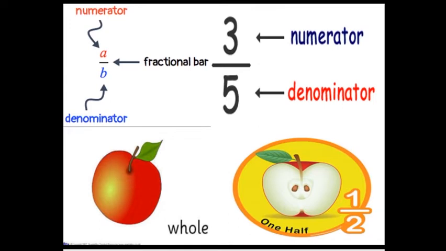Now I am saying fraction is a part of a whole. Whole means what? Let us see, some pictures are given. One apple is there, that is completely whole. If I cut it into 2 pieces, that is half of an apple. We can say 1 half or 1 by 2.